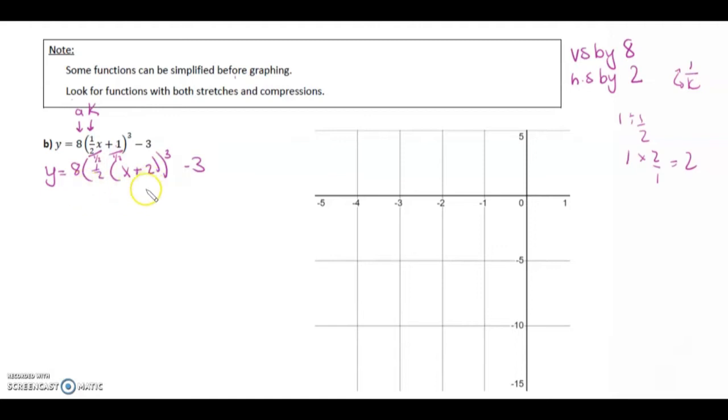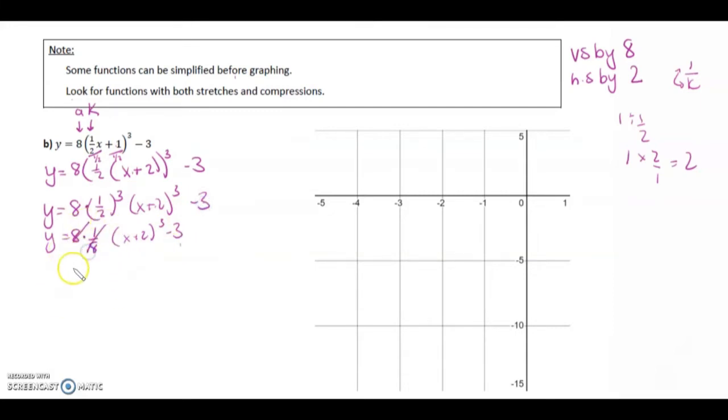Okay, so that was just a common factor. So what actually happens is we can take this 1/2 and we can cube it. And then we can take this x plus 2 and leave that cubed. So if we took the 1/2 and we cube it, it's actually 1 over 8. And then I'm just going to transfer everything down, x plus 2 cubed minus 3.